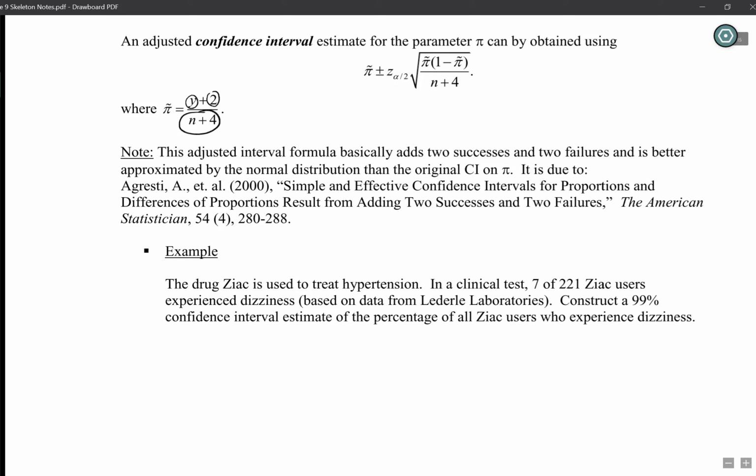So how does that compare to the regular sample proportion? What we've done basically is added 2 successes and 2 failures. Same structure. This is the resulting interval here for the population proportion pi, and I give you a reference on that particular interval.